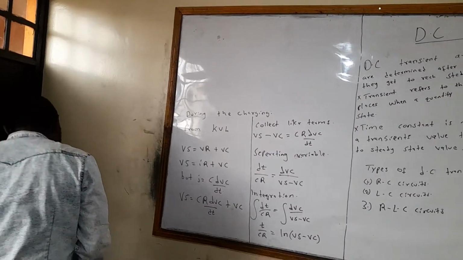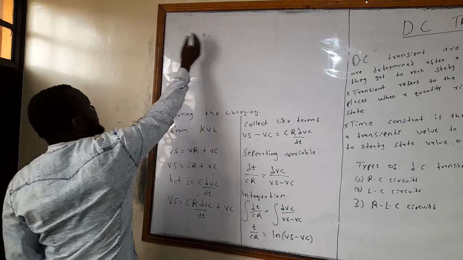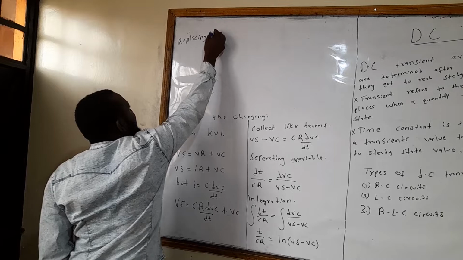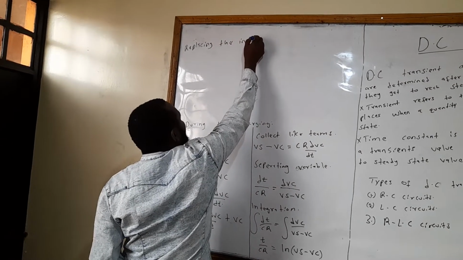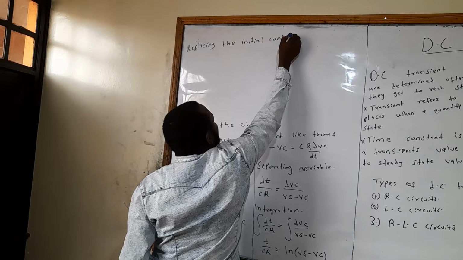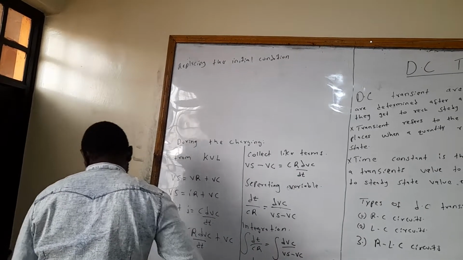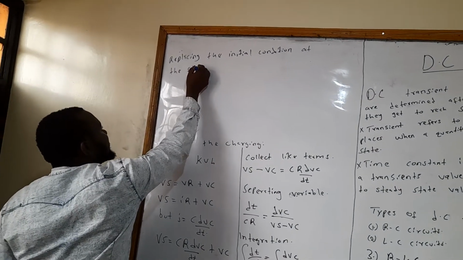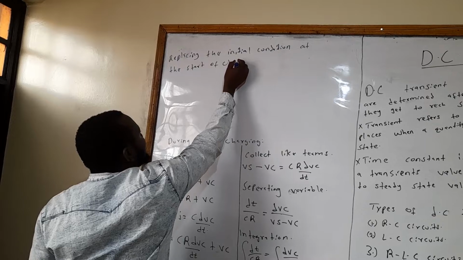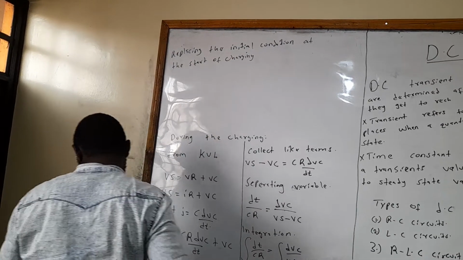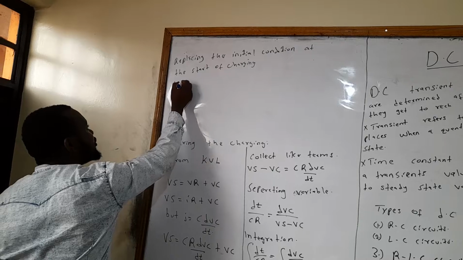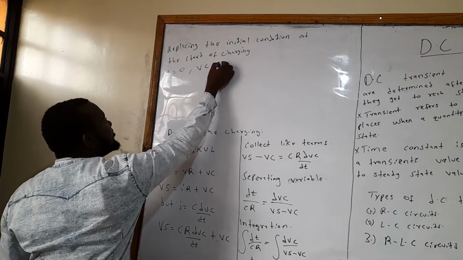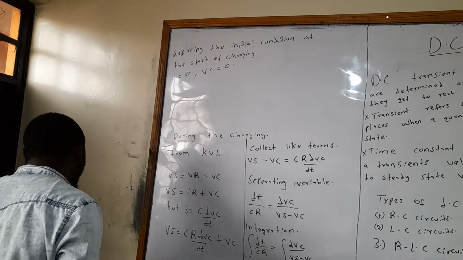So, replacing the initial condition, at the start of charging, t will be 0, our time will be 0, and also our Vc will be 0.